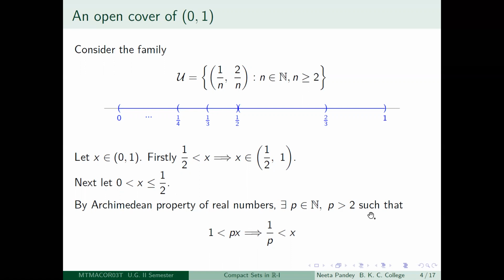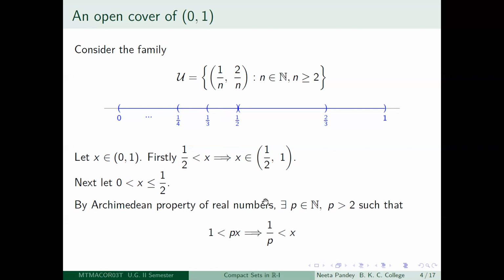So we will be able to get such a positive integer greater than 2 so that 1 is less than px. And what does that mean? That means that 1/p is less than x. So you understand what we are trying to do: for any positive x which is less than or equal to half, we are trying to find an open interval of this type, 1/n to 2/n, so that x will be an element of that.